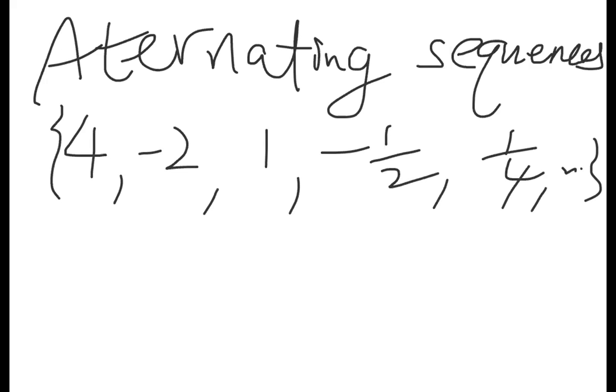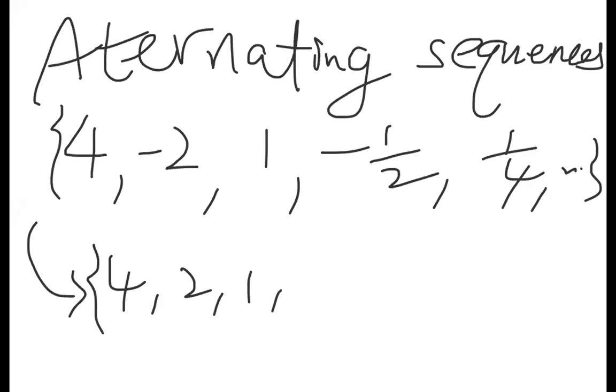So if you forget about the minus signs, this is 4, 2, 1, 1/2, 1/4, etc. When you get rid of the signs, or just ignore the sign for a while, this is a geometric sequence, right?